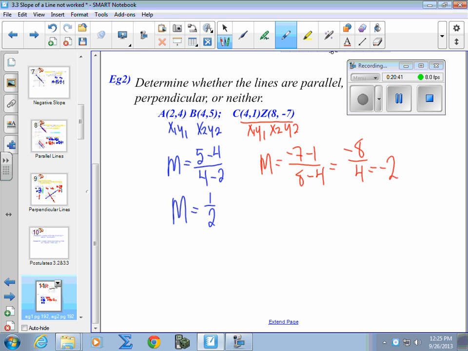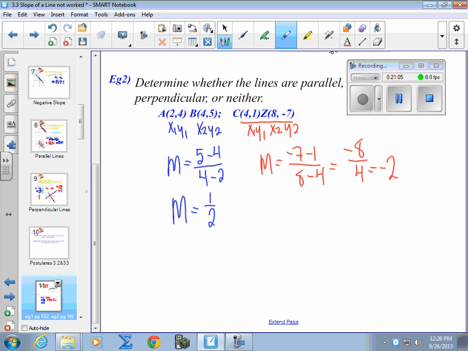Are these lines parallel, perpendicular, or neither? Parallel lines have the same slope. Do these lines have the same slope? No. Perpendicular lines have negative reciprocal slopes, or the product of the slopes is -1. So what's the reciprocal of 1/2?